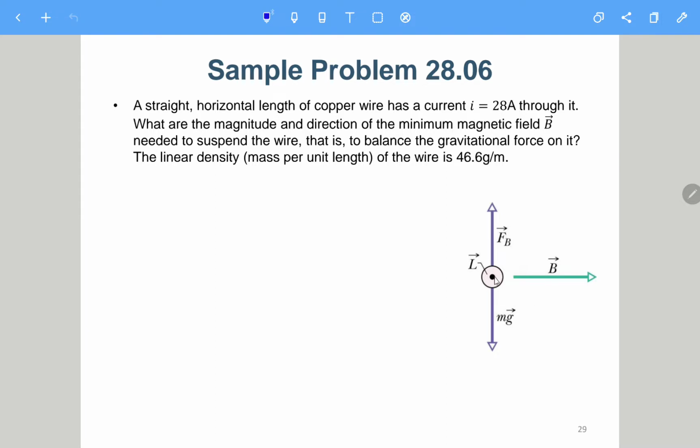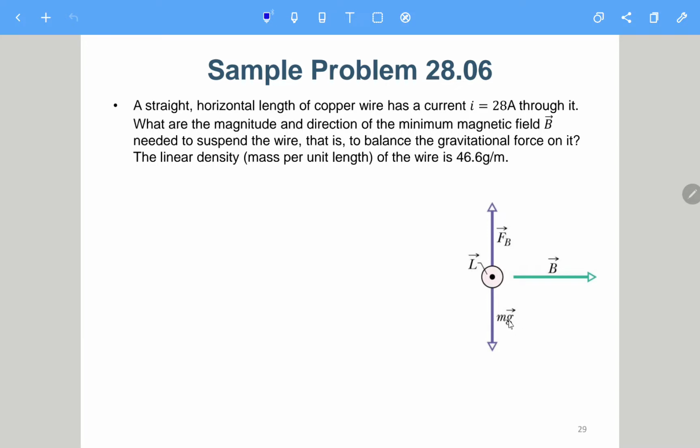Here L is pointing out of the page. If B is pointing to the right side, then L cross B is pointing upward. So we know that B should be pointed to the right side, and if B is large enough, then FB will be equal to mg.